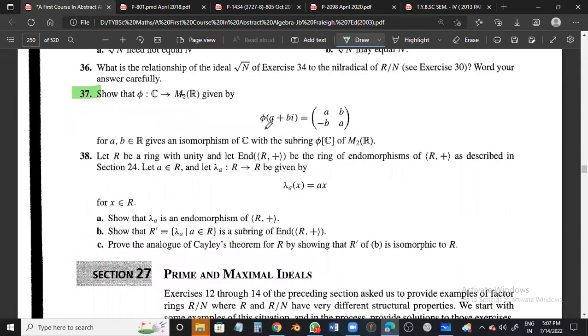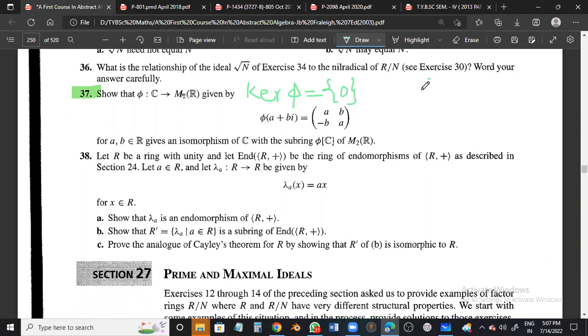The same example let us come to. You know, its kernel contains singleton 0. Just now we have shown kernel of phi is nothing but singleton 0. Now let us show that this function is 1, 1. How will you show it is 1, 1? You know better. You start with equal images and reach the equal pre-images.